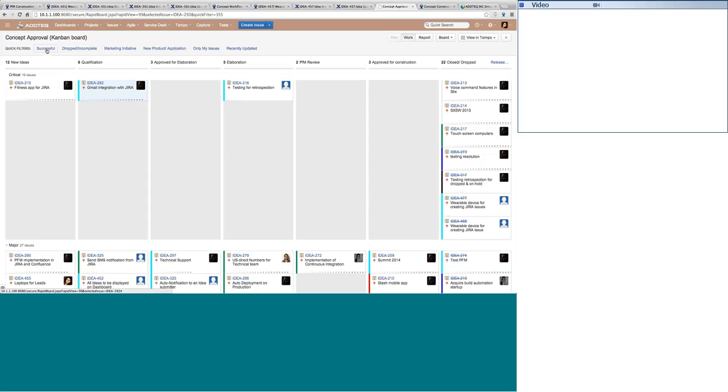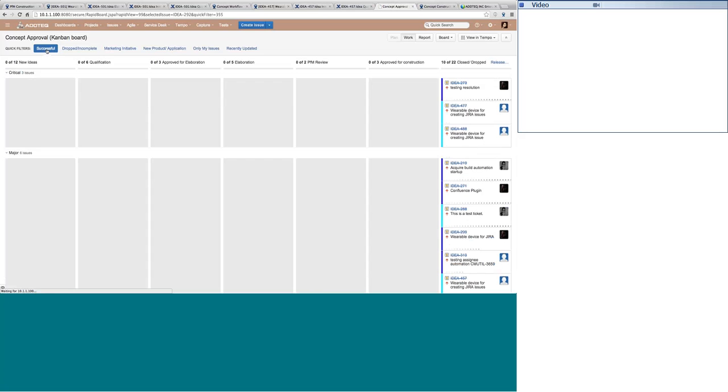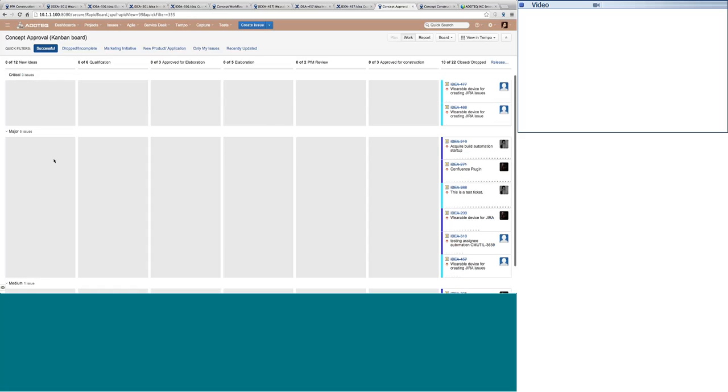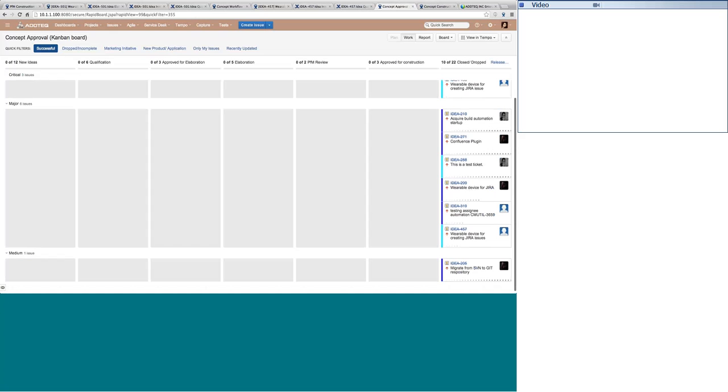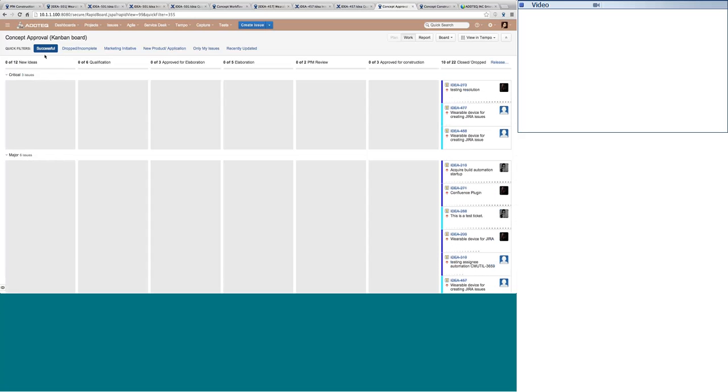So it simply tells me there were 3 successful ideas in the critical, 6 successful ideas which were major, or in the medium ones there was 1 concept that was successfully completed. If you want to do the retrospection on dropped or incomplete ones, there was only 1 critical which got dropped or was incomplete, maybe 6 major which were incomplete, and so on.